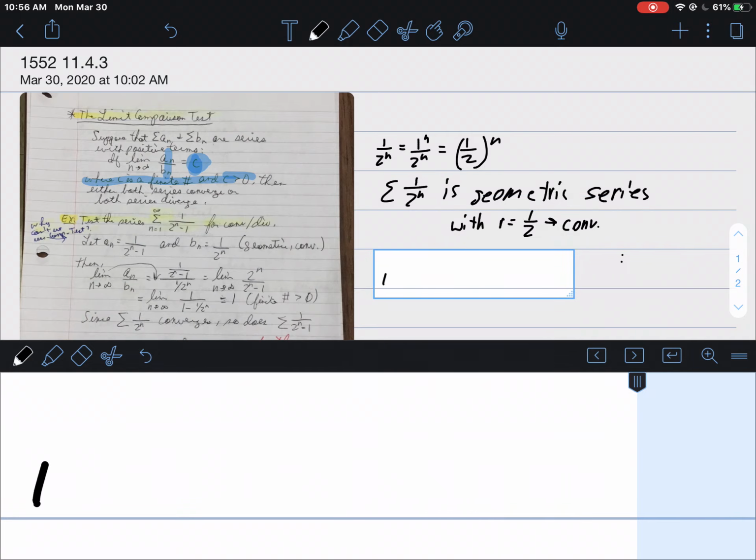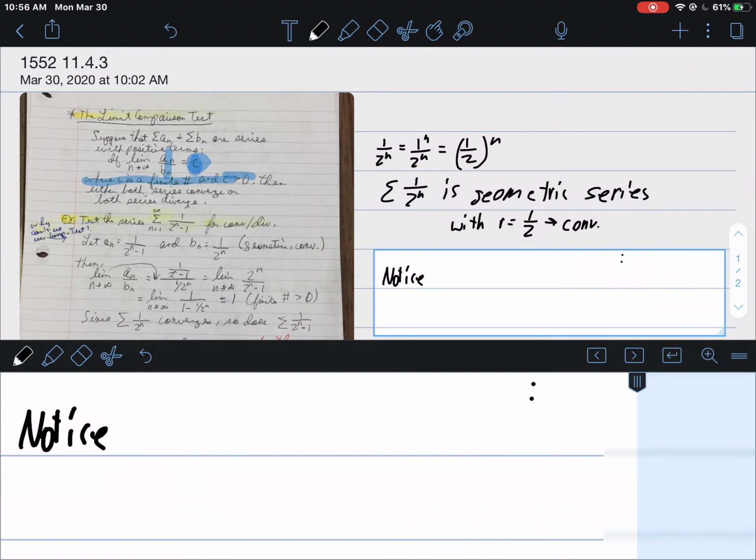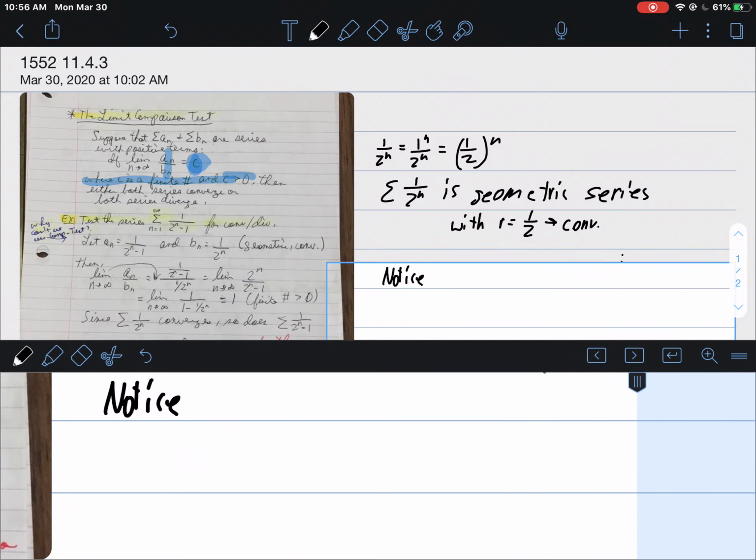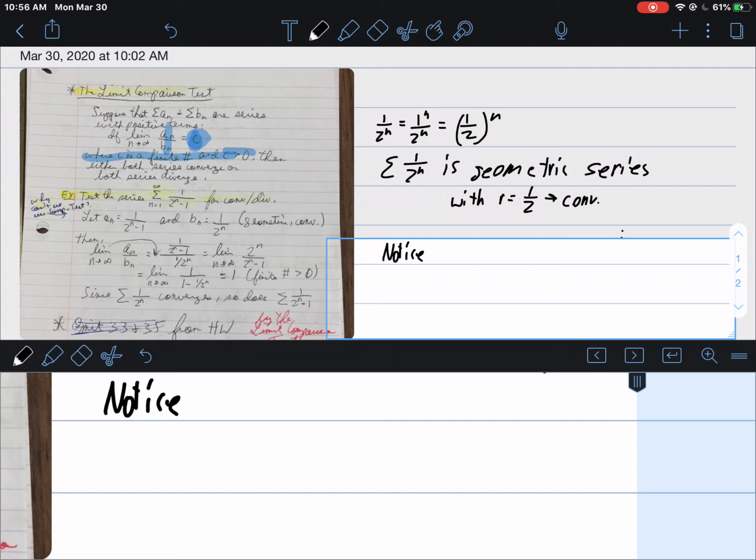But notice the terms of our series. Now, our series in this case was 1 over 2 to the n minus 1. Now, if you compare 1 over 2 to the n minus 1 to 1 over 2 to the n, what's the comparison there?